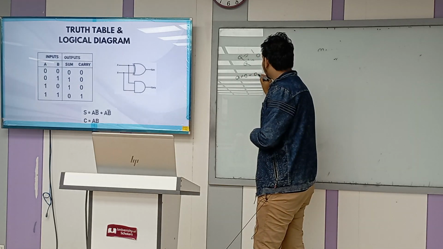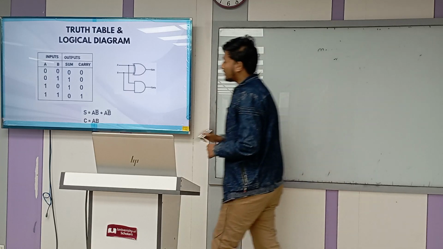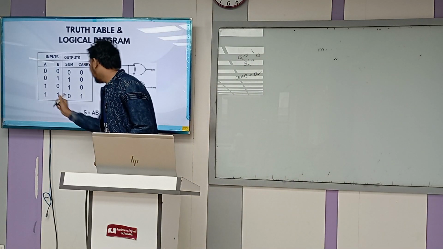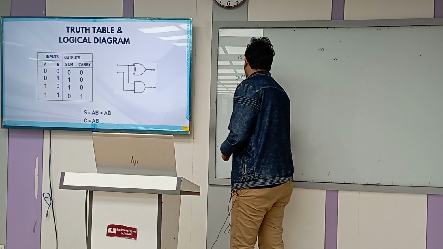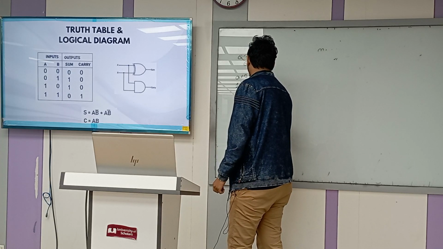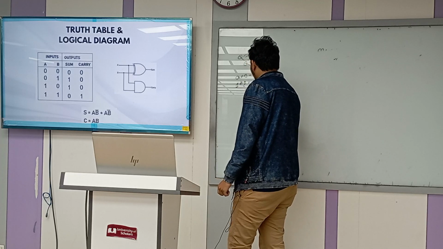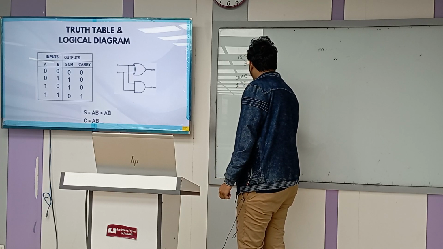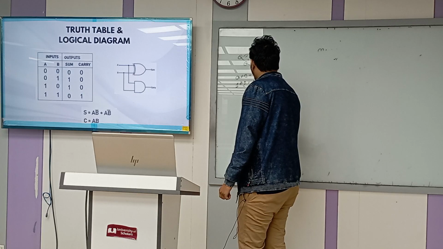That's why the sum is 0. On the other hand, we can see 1 1. 1 plus 1 in binary is 10. So the sum for 1 1 is 0, and there is a carry, which is 1.